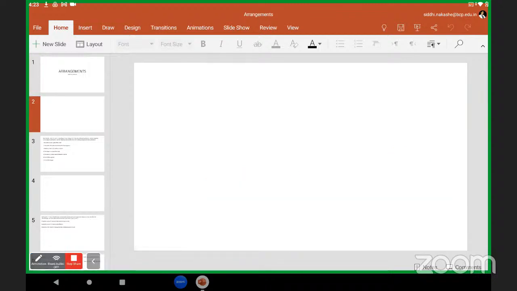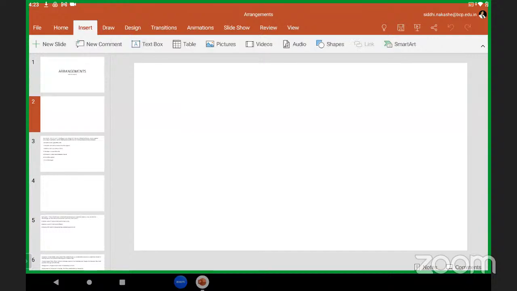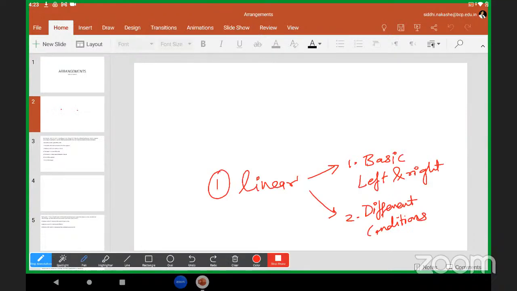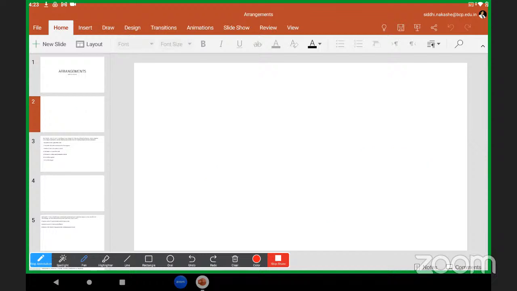So when we talk about arrangements, in linear arrangements, first is left and right, which is north and south.